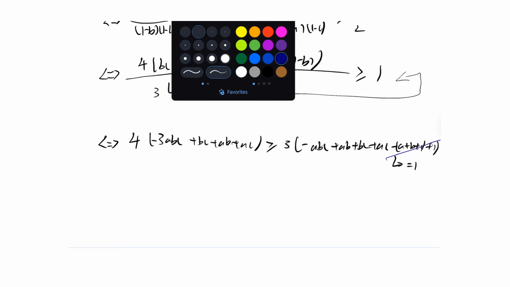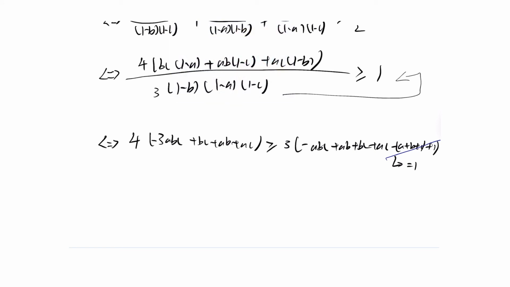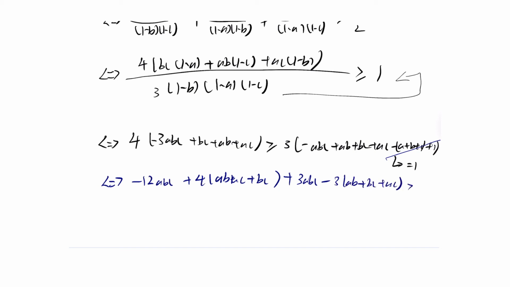And moving everything to the left hand side, we will have negative 12abc plus 4 times (ab plus ac plus bc) plus 3abc minus 3 times (ab plus bc plus ac) larger or equal to 0, and we will have ab plus bc plus ac larger or equal to 9abc.